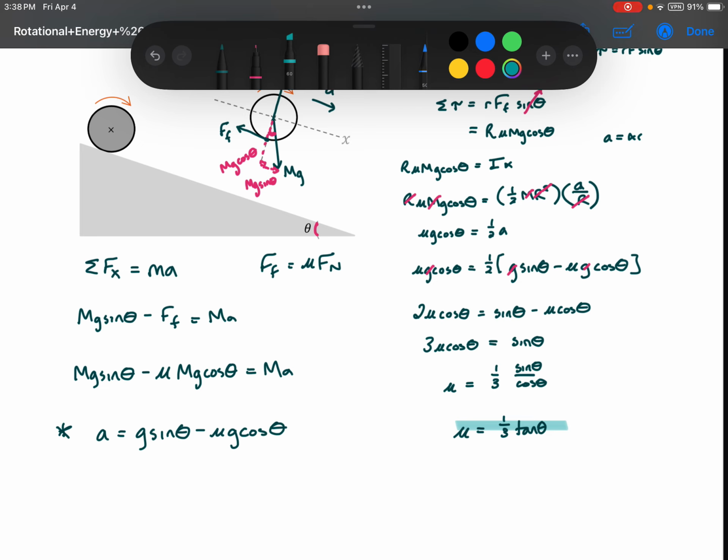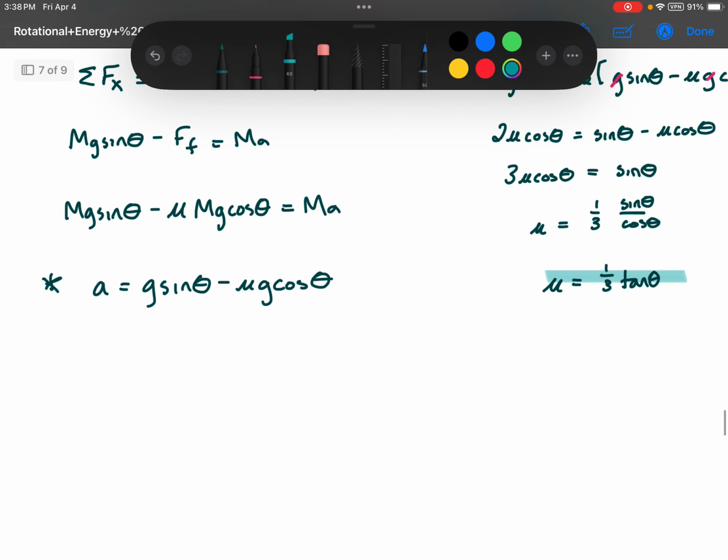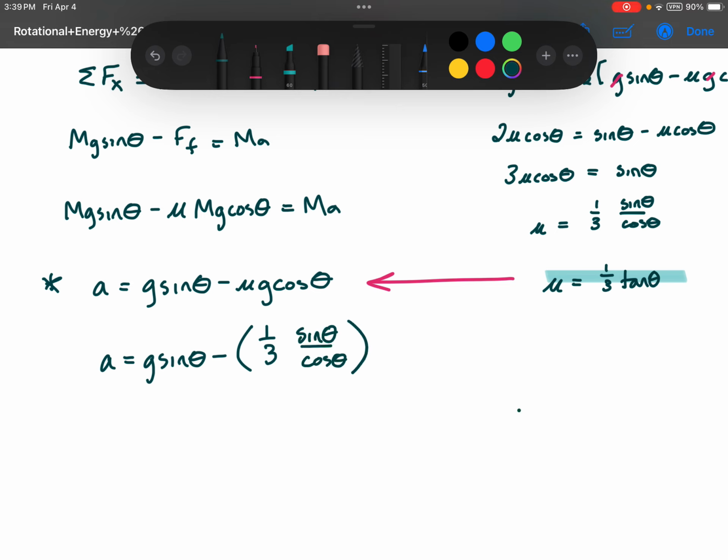It won't roll. We're almost done, but we want to go back to our expression for A and get this in terms of things we know. So we're going to substitute back in 1/3 tangent theta for mu in our linear acceleration. So A is g sine theta minus that whole expression, 1/3. I rewrote it as sine theta over cosine theta times g cosine theta.